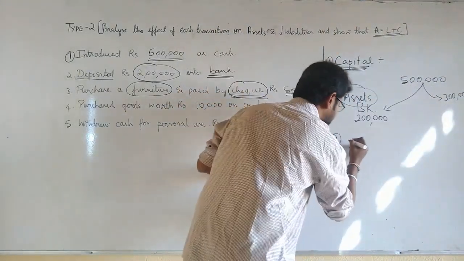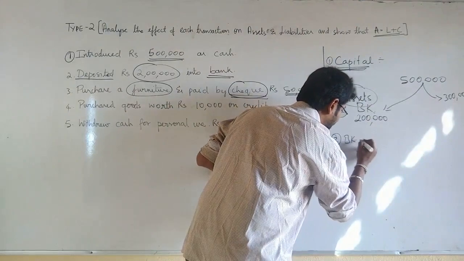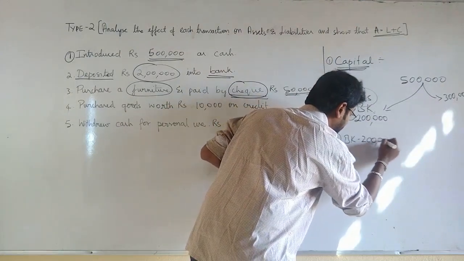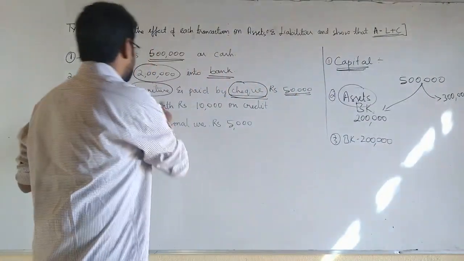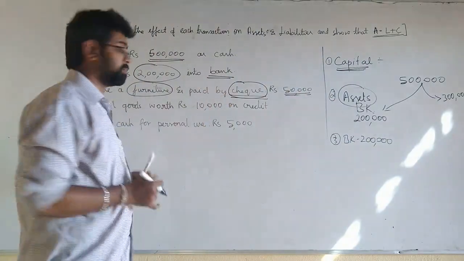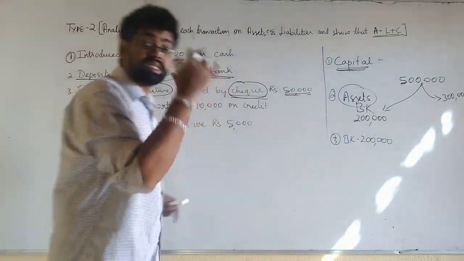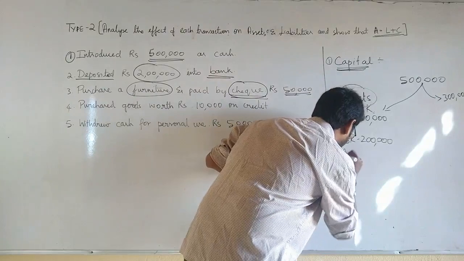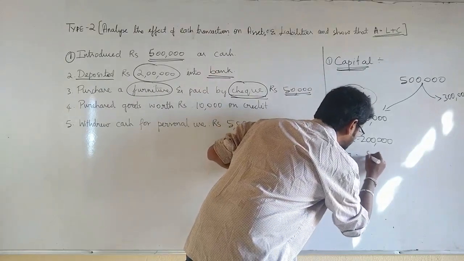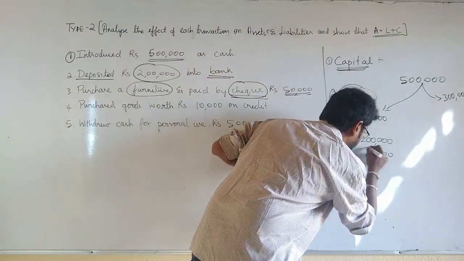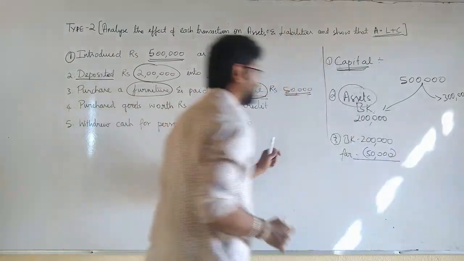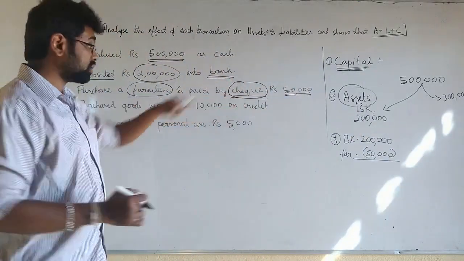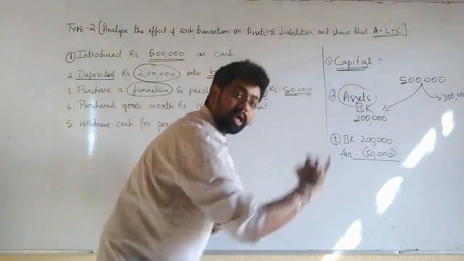So what is the money that is there in the bank account? How much is there? Sir, there is 2 lakhs. 2 lakhs ಇದೆ ಸರ್ ಬ್ಯಾಂಕ್ ಅಕೌಂಟ್ ನಲ್ಲಿ. ಸೊ ಇವಾಗ ಇದರಲ್ಲಿ 50,000 ರೂಪಾಯಿ ಕಡಿಮೆ ಆಗುತ್ತೆ. Why? Because we are purchasing a new furniture. So we are purchasing a furniture and we are paying through the check. So ಈ 50,000 ಕಡಿಮೆ ಆಗುತ್ತೆ. ಸೊ ನಾವು ಚೆಕ್ ಕೊಟ್ರೆ ಬ್ಯಾಂಕ್ ನಲ್ಲಿ ಇರುವಂತ ಅಮೌಂಟ್ ಕಡಿಮೆ ಆಗುತ್ತೆ.